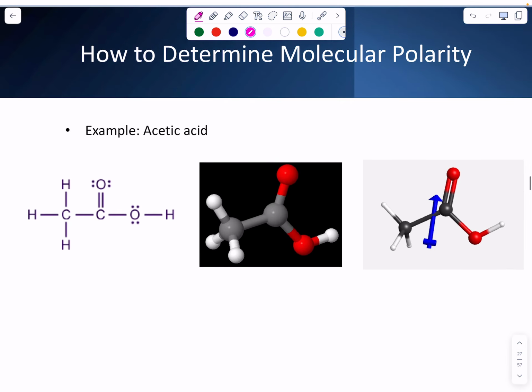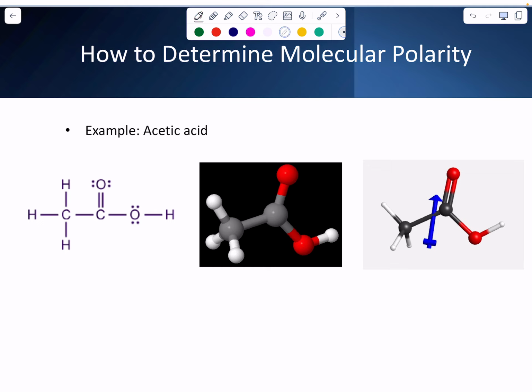All right, so let's do another example. Here is a more complex structure, and it actually has more than one central atom. So we've got 3 positions in this molecule where we could determine a structure.